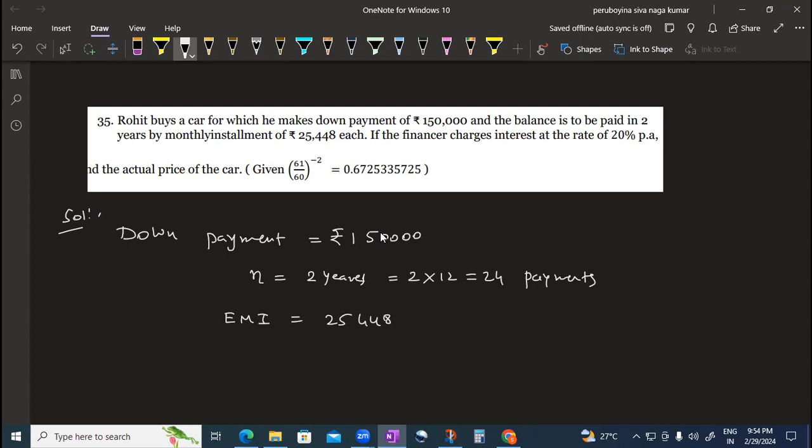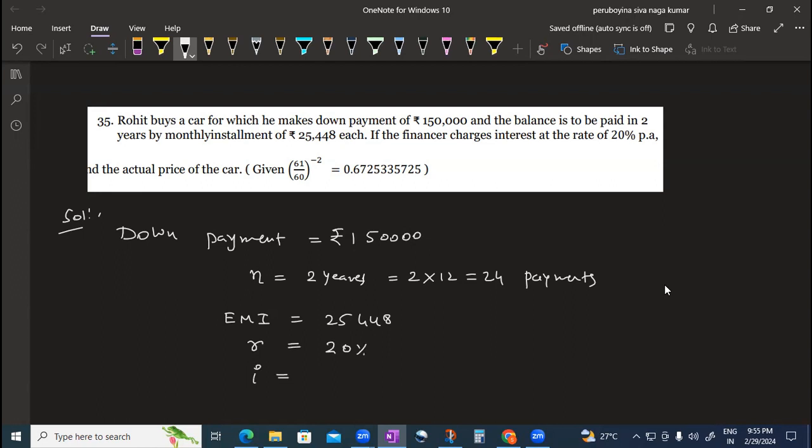If the financer charges interest at the rate of 20% per annum, the rate of interest R is equal to 20%.